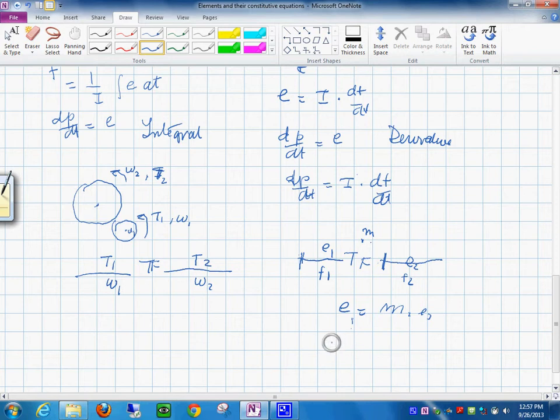This is the other one in here that says F1 times M is equal to F sub 2. This is the constitutive equation for this two-port element.